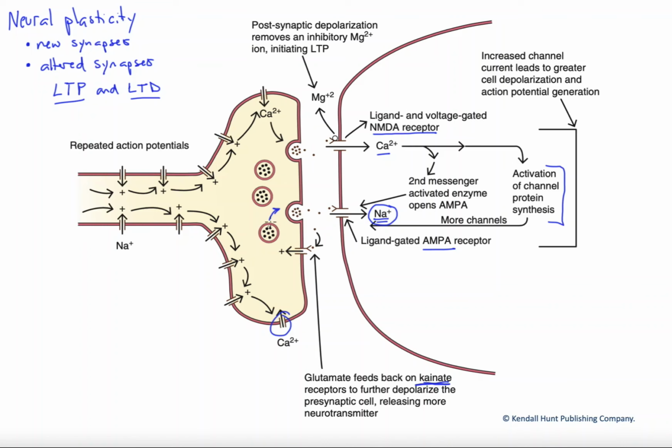We get an action potential in this presynaptic neuron, we release neurotransmitter that goes off to the postsynaptic cell, but it also feeds back to stimulate the presynaptic cell to release more neurotransmitter, which activates the postsynaptic cell more and releases more neurotransmitter from the presynaptic cell, and so on. So again, we're increasing our connectivity between the pre and the postsynaptic cell in this form of neural plasticity.